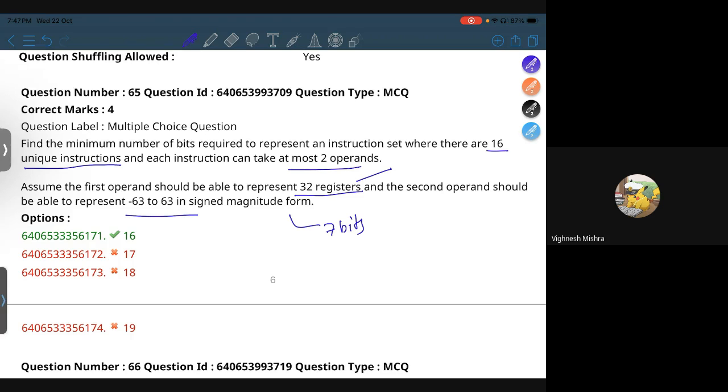This we know is 32, so log 2 of 32 is 5 bits. And this is 4 bits. So 7 plus 5 plus 4 is 16. Fine.